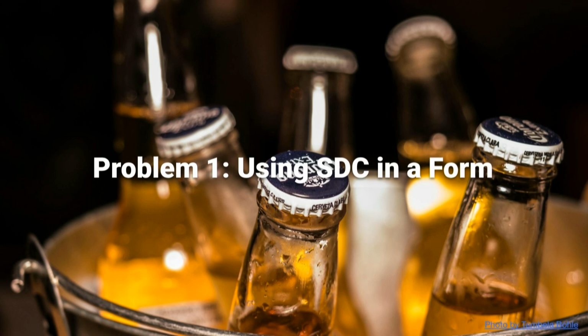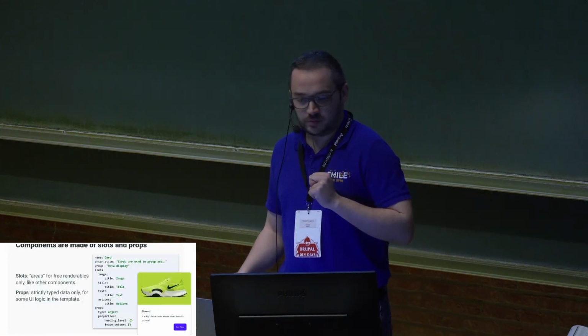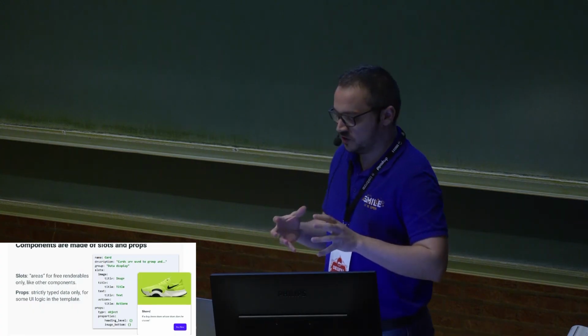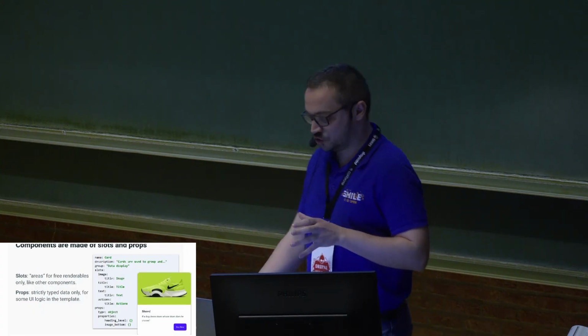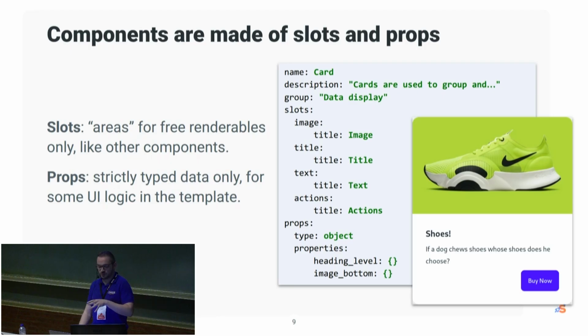So, what are the problems? There are two problems. First problem: using SDC in a form. Quick reminder of how an SDC component is structured. It is made of slots and props.